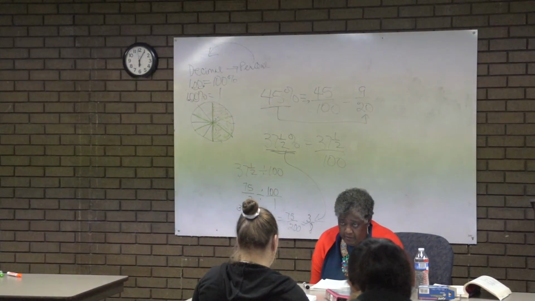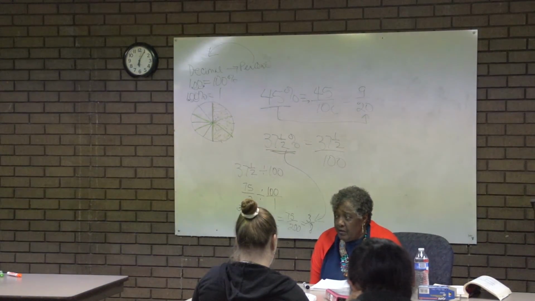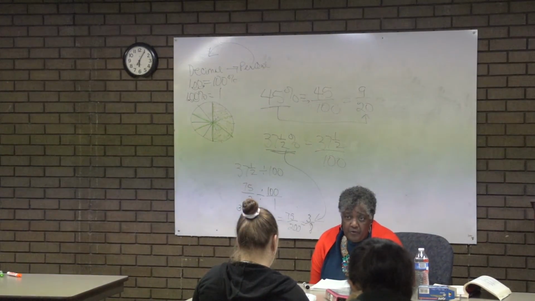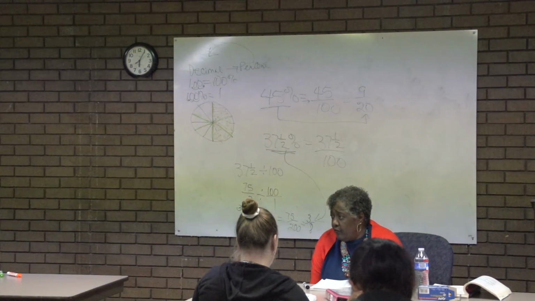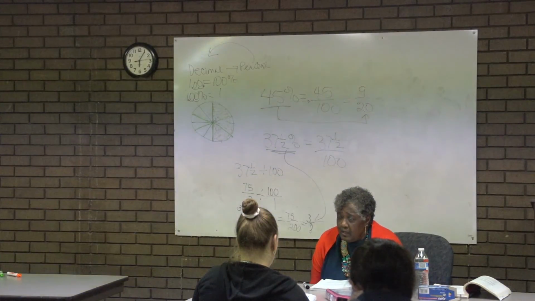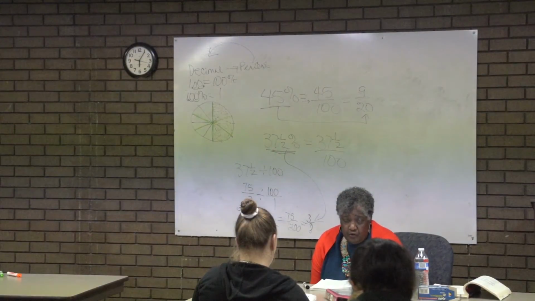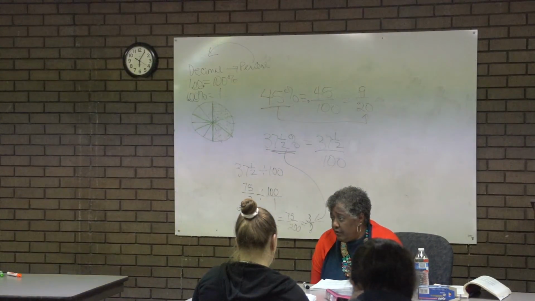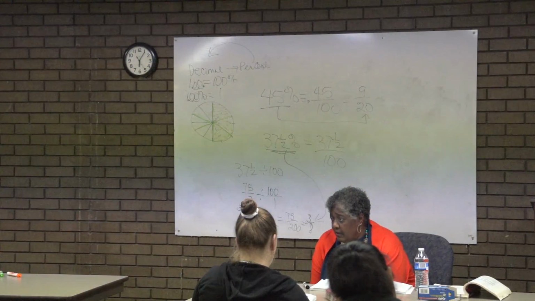You should have had 83 1/3 divided by 100. 83 1/3 changes to 250 thirds, right? 3 times 83 is 249 plus 1 is 250 over 3, divided by 100 over 1. Then you should have written the first fraction, 250 over 3. Change the sign to multiplication.